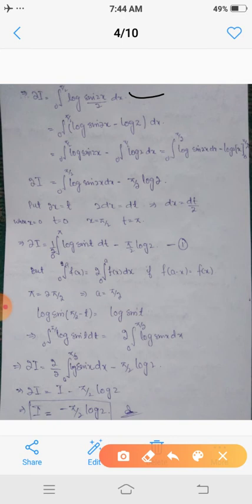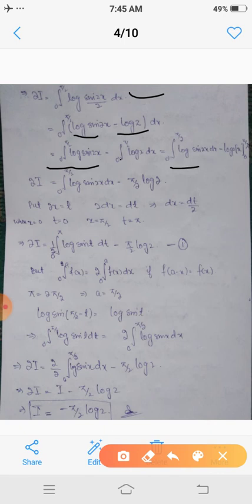Now using log m by n, which is log m minus log n, that is log sine 2x minus log 2, which is the integral 0 to pi by 2 log sine 2x minus the integral 0 to pi by 2 log 2 dx.